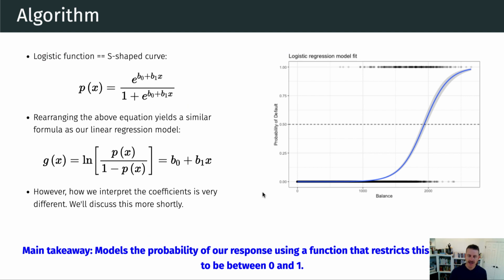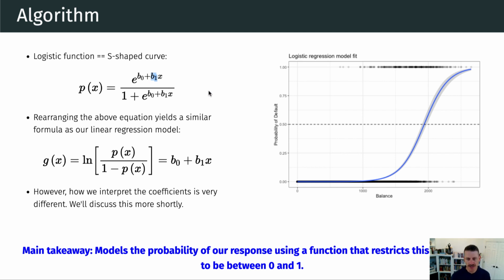So how does this actually work? Well, if we look at this top algorithm, this is what we call the logistic function. It's an S-shaped curve, and you can see we actually have our beta coefficients, right? So we have our intercept here, and we have our predictor variable x here, and we have our coefficient for that with this beta 1.